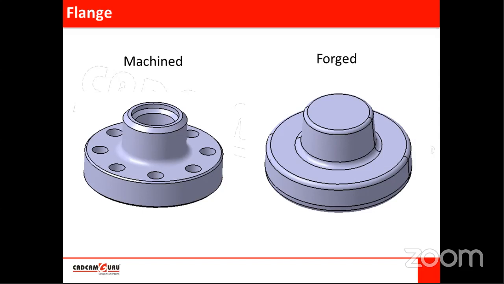So modifications were not that flexible. We needed to change the drawing again and send it to the machine operator. But here, if there is any error in the die, or the first component is not proper, or there are some modifications, we can directly modify this model of the forging component.